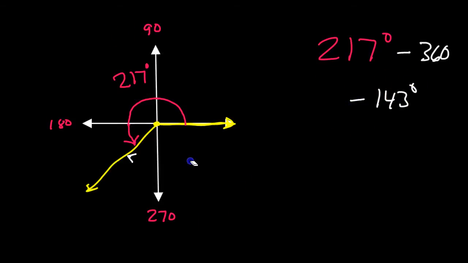Let's be clear that negative 143 degrees is the same thing that we would get if we started in standard position and went negative 143 degrees directly.